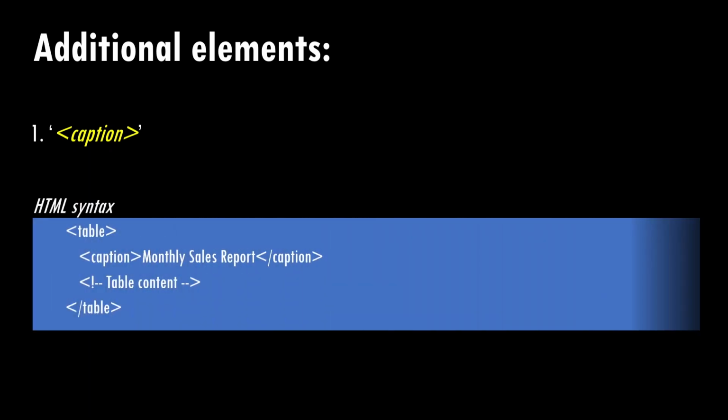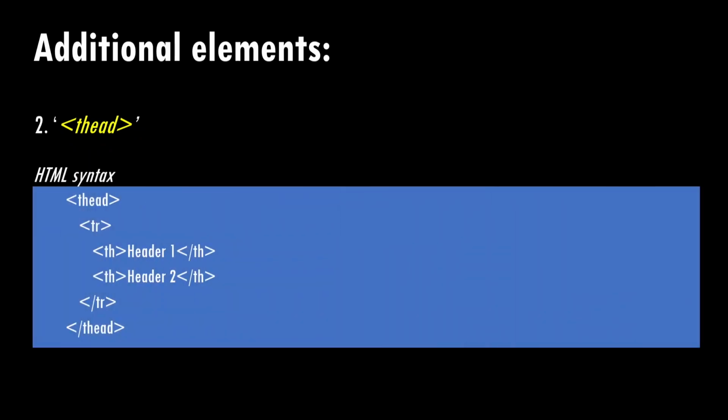Some additional elements, like caption, provides a title or caption for the table. It is typically displayed above the table. Here is the syntax. THead provides the header content of the table.